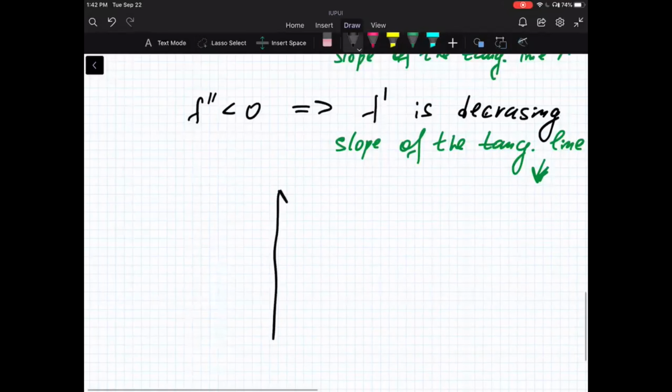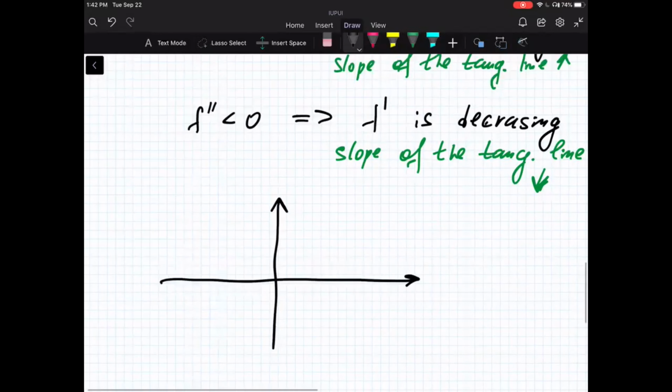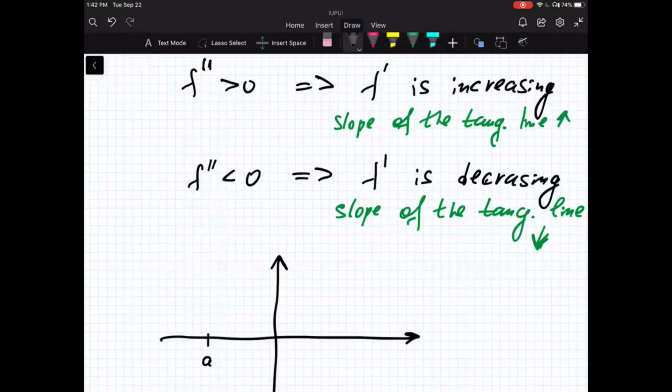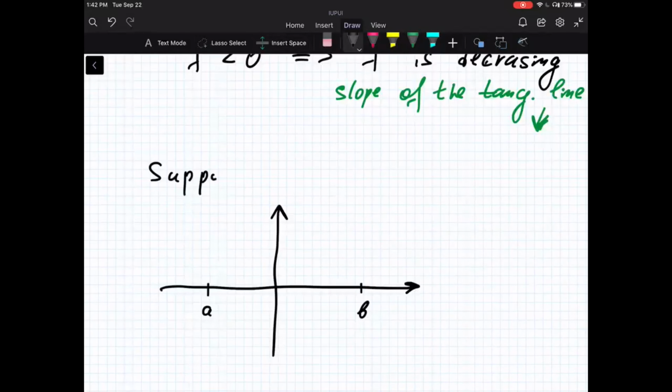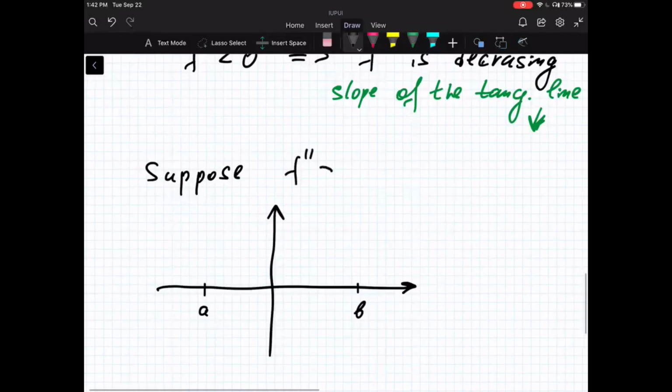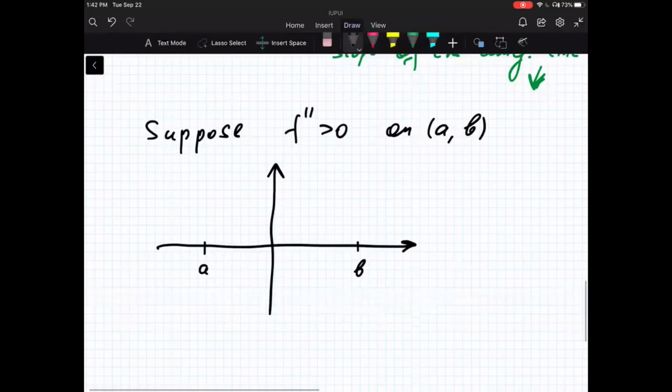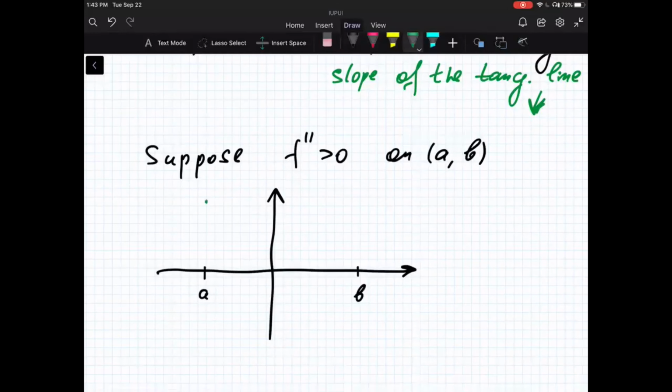And let's see on the picture what happens. So suppose I don't know how the graph of my function looks like, but I know that on the interval a, b the second derivative is positive. And say I know how to calculate this first derivative. So I start with the slope at point A, and it looks like this.